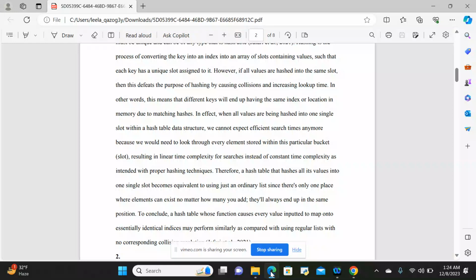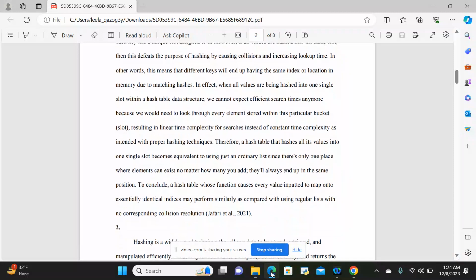Therefore, a hash table that hashes all the values into one single slot becomes equivalent to just an ordinary list, since there is only one place where elements can exist no matter how many you add. They always end up in the same position.